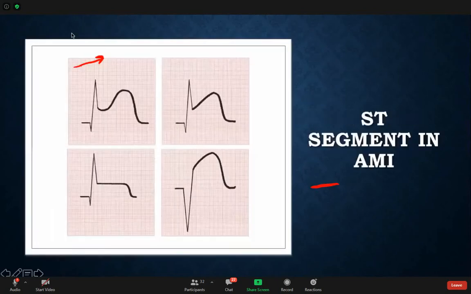Okay, so in the ST segment you have different types that come in acute myocardial infarction. Sometimes in the early times we have what is called dome shaped, like graves: when you see graves outside, they sometimes put a dome over them like this. Or we call them the sad face.